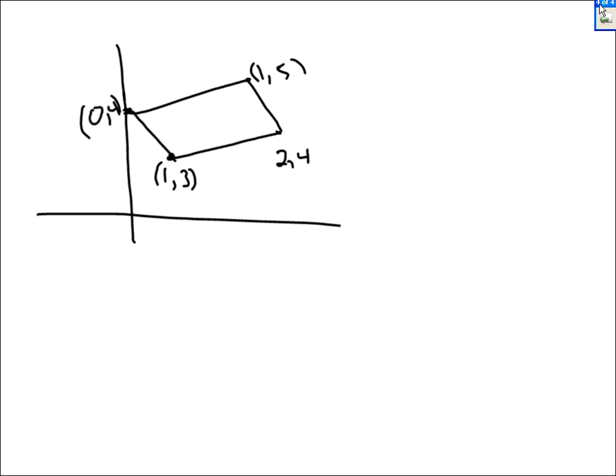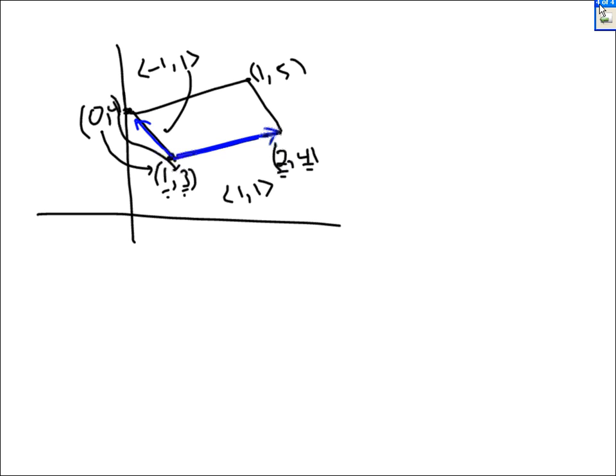Well, what you can do is find this vector and find this vector and do the cross product. The first vector is 2 minus 1 is 1, 4 minus 3 is also 1. It's that. And this vector here, well, it's 0 minus 1, which is minus 1, and 4 minus 3 is 1. I'm just doing head minus tail.